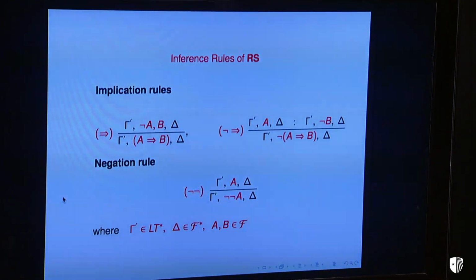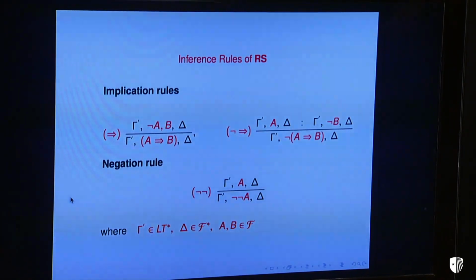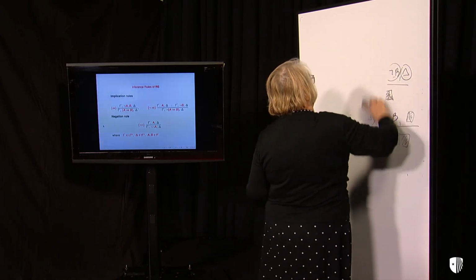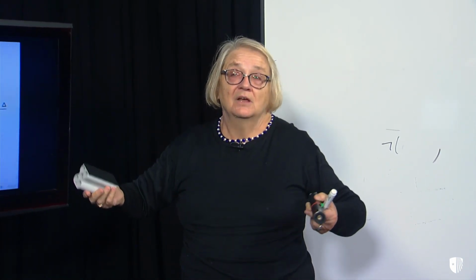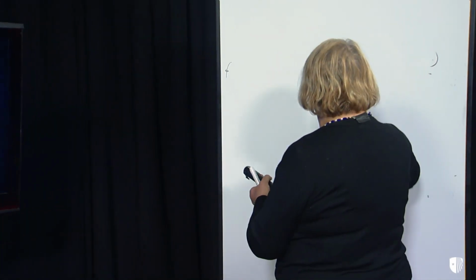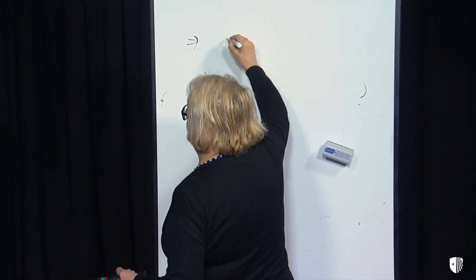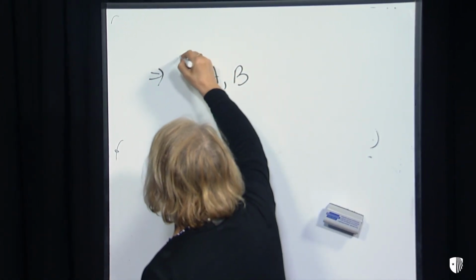For example, when you have the rule for the implication, I spent a little bit of time on that, because once you have it in your head that those gamma prime, delta, all these things are just information you repeat, the rules are really, really obvious.